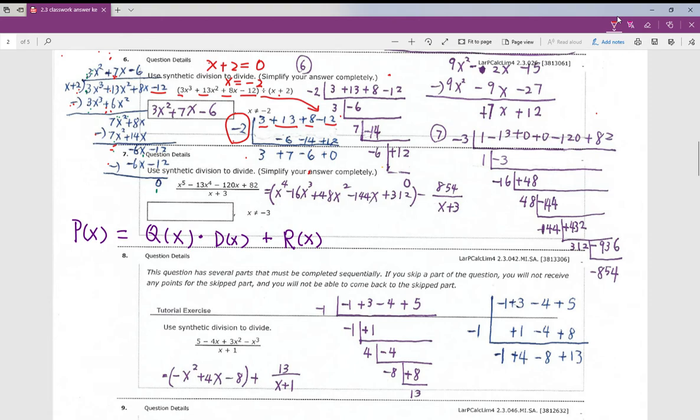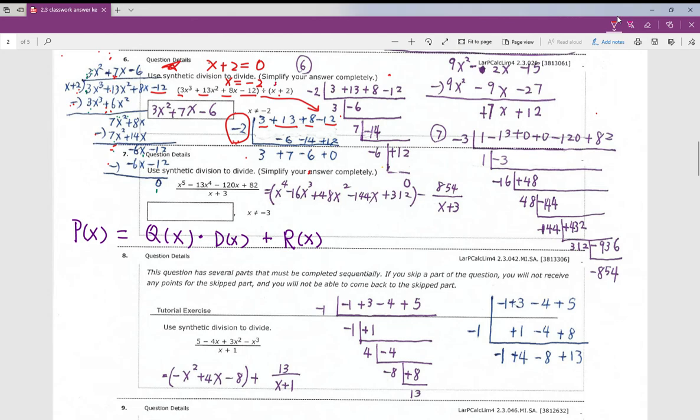So when x equals -2, x plus 2, the divisor, will be 0. After you find the divisor, one more time, I want to say that synthetic division only works when the divisor is first degree.